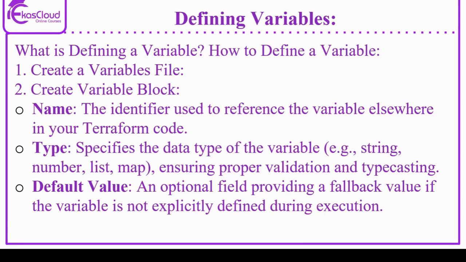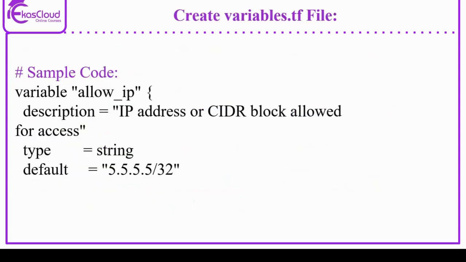And last one is default value, an optional field providing a fallback value if the variable is not explicitly defined during execution. Next, I'm going to show you the sample code to define a variable. Here you have to specify the variable keyword. After that, you have to give a reference name, description, type, followed by the default IP address.